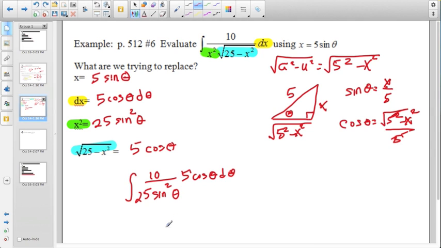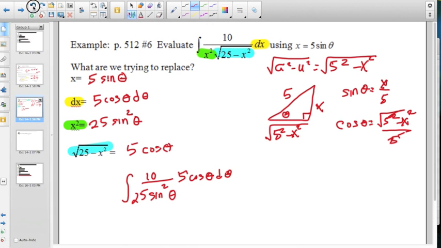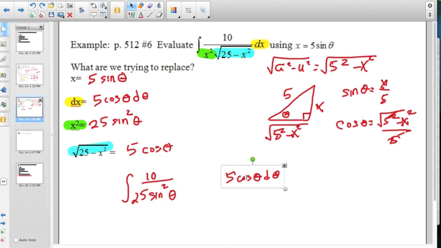Looking at simplifying this, oh, and you know what, I actually forgot to put in, scooch that over a little bit, the expression for the radical, which is 5 cosine theta.